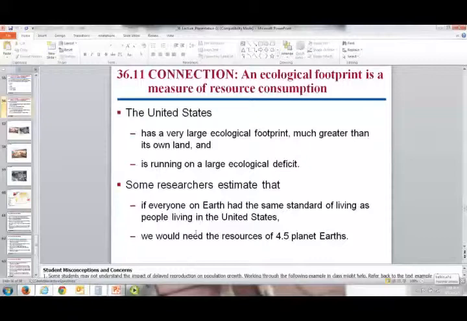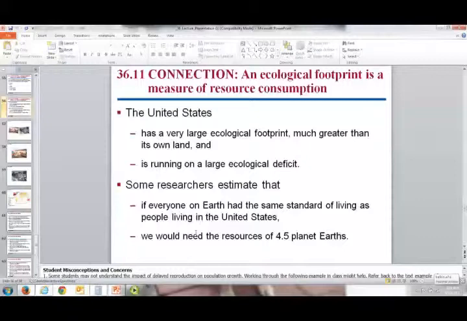So one of the things, if you have lived in other countries, we tend to have much larger houses than a lot of other countries. Our homes are much larger than in Europe, where they have bigger populations. And with a bigger home comes more resources that are needed.